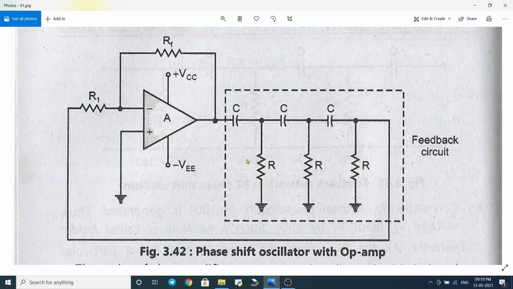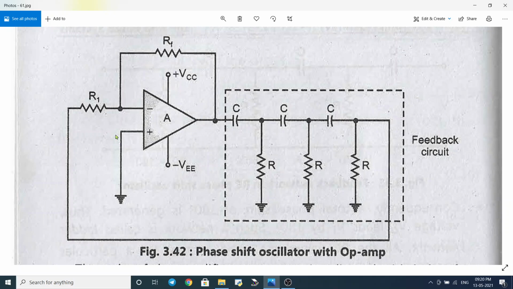RC networks are designed to produce a 180-degree phase shift between the input voltage to the network and its output. The output voltage of the op-amp is sampled by this feedback network, and it will produce the total phase shift of 180 degrees. Each RC produces 60 degrees, so the total phase shift will be 180 degrees, and the op-amp is connected in inverting configuration.